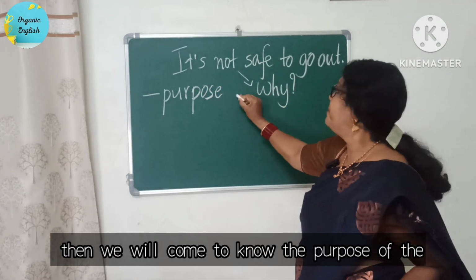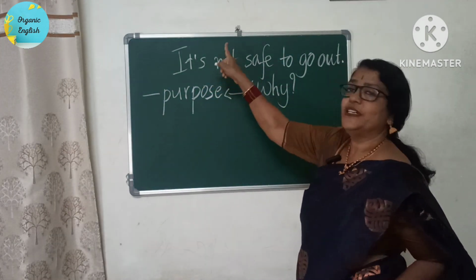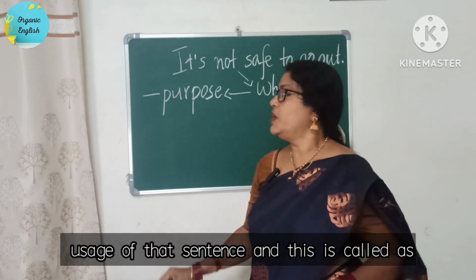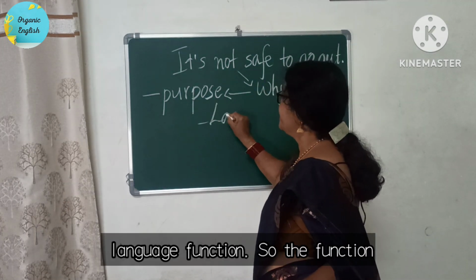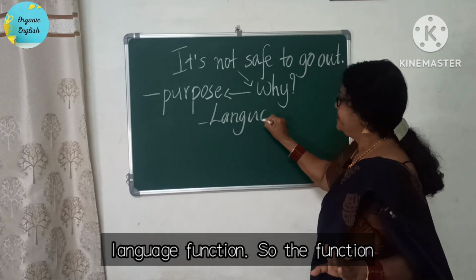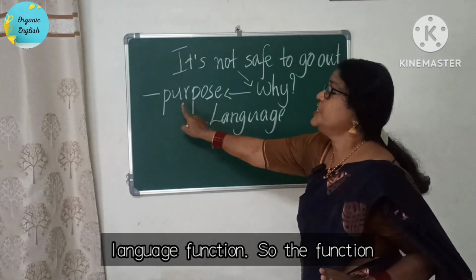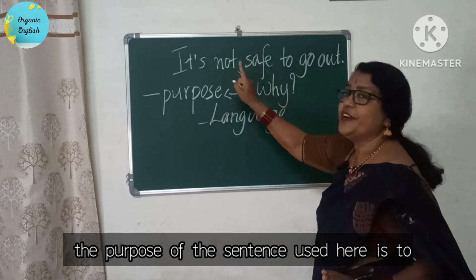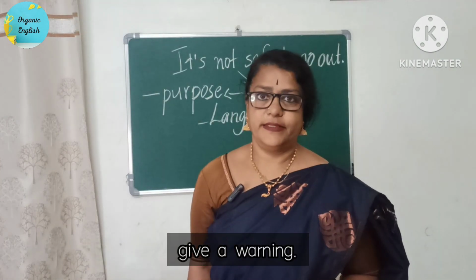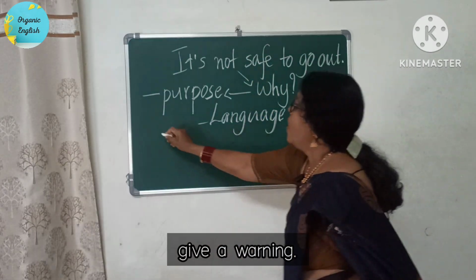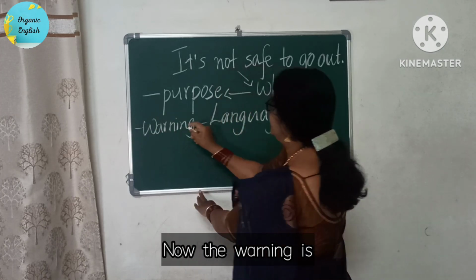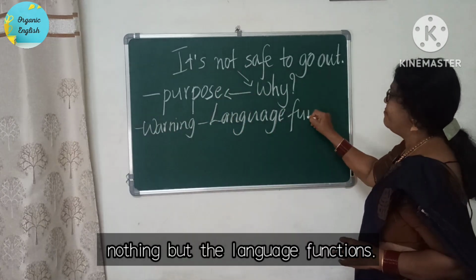Then we will come to know the purpose of the usage of that sentence. And this is called language function. So the function, the purpose of the sentence used here, is to give a warning. Now, the warning is nothing but the language function.